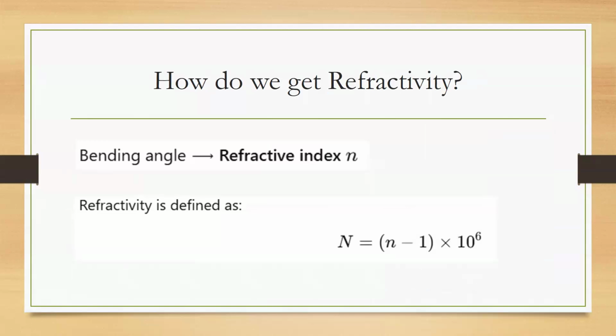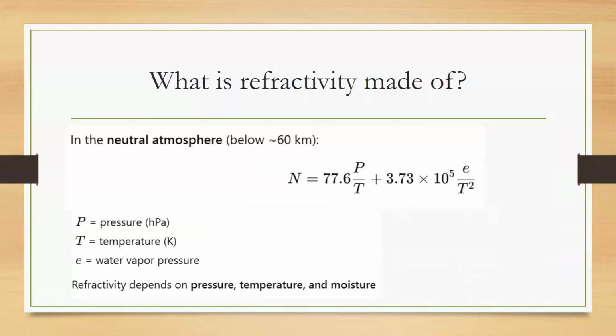If we call it eta n like that, then we define the refractivity based on the bending angle with this formula. So that's the first step. We get the refractivity from the bending angle.